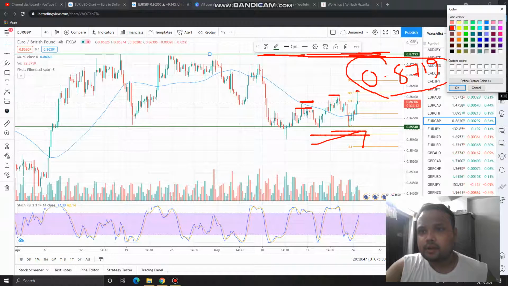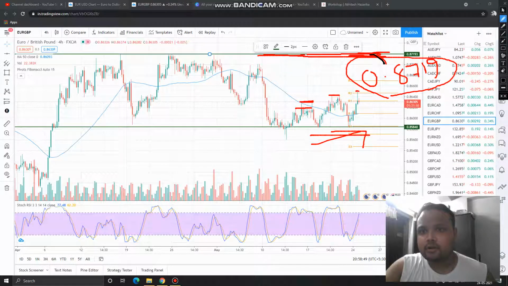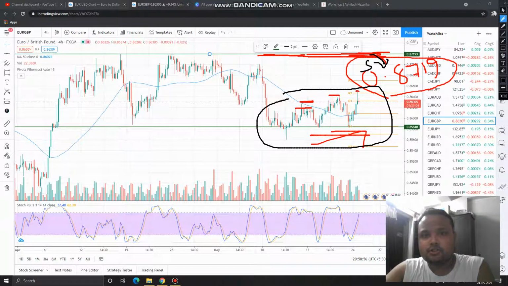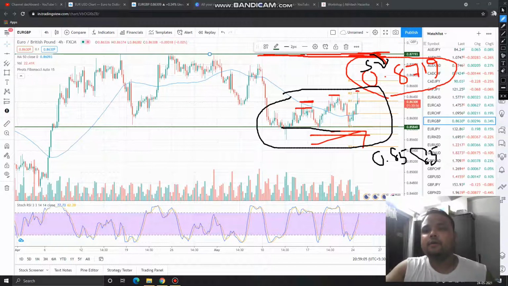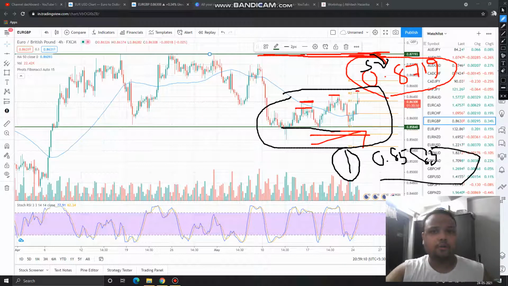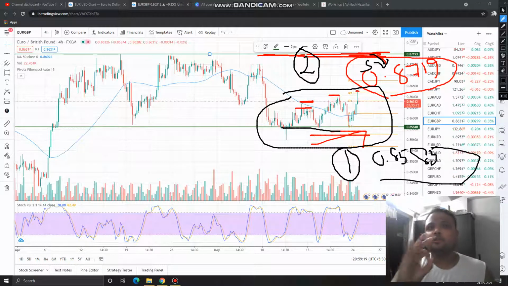As of now, the market is in this range, so wait for the market to give you a good opportunity at this level, 0.8585. This is your first and most safe trading opportunity in this Euro GBP chart, and the second position is this. Apart from that, there are no good opportunities available as of now.